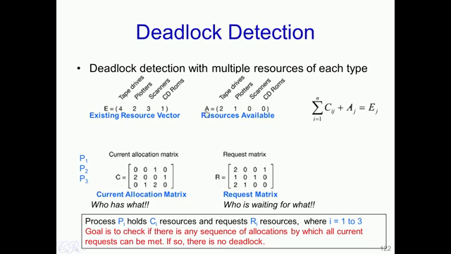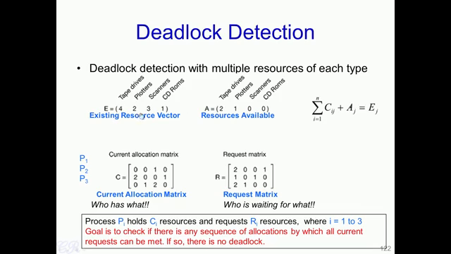Now, this particular set A determines the resources available. Essentially, out of the 4 tape drives that we have, if you look at the corresponding column in the current allocation matrix, we see that 2 are used. So, what remains is 4 minus 2, that is 2 tape drives, free and available to be allocated.